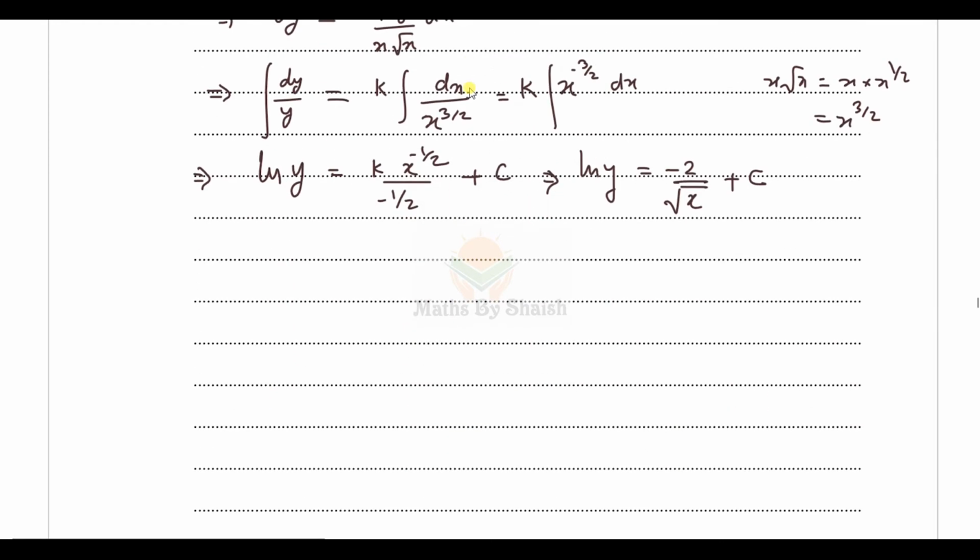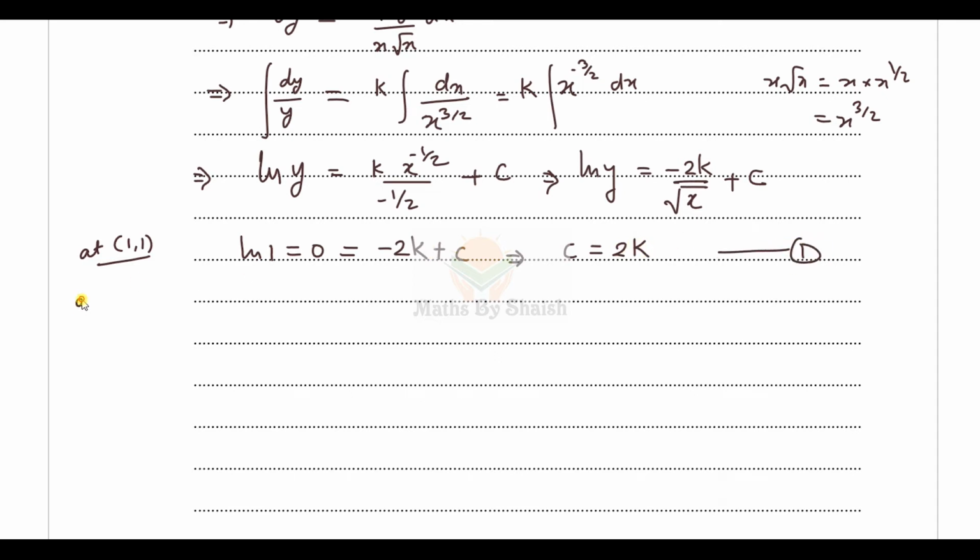So at (1, 1), y is 1, so ln 1 is 0 is equal to, x is also 1, so you get minus 2 plus c, oh I forgot the k, so sorry, it is minus 2k, and hence we get c is equal to 2 times k. It is equation number 1.